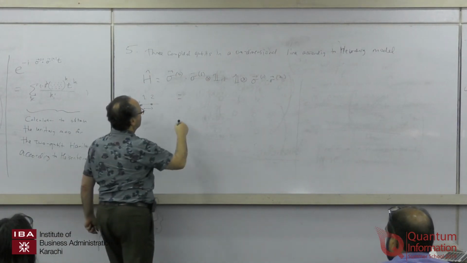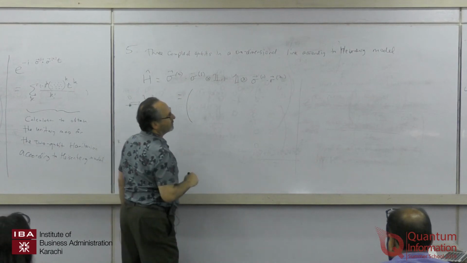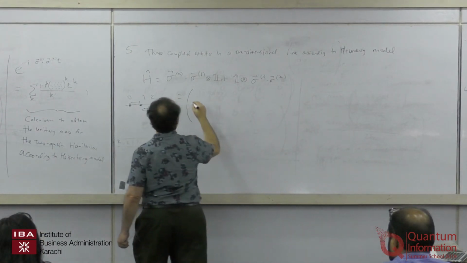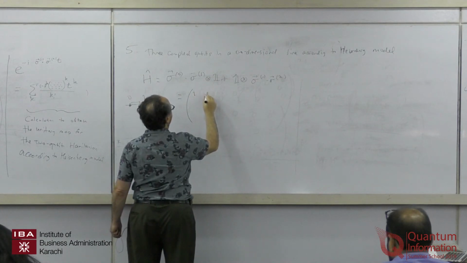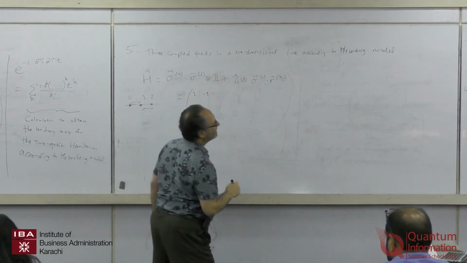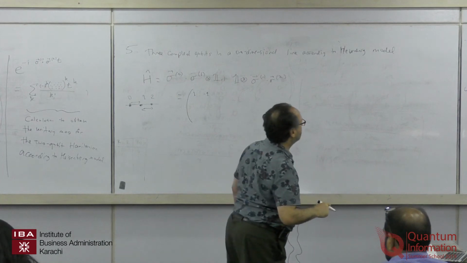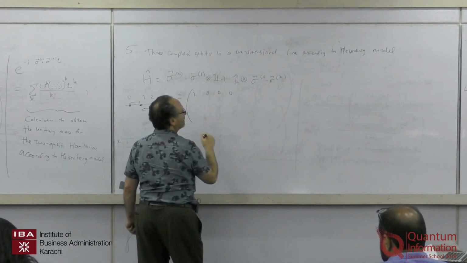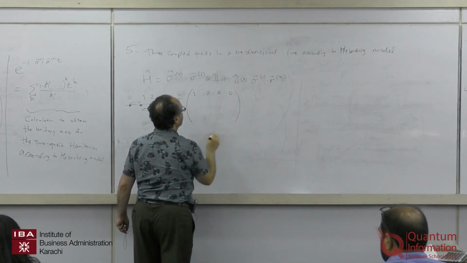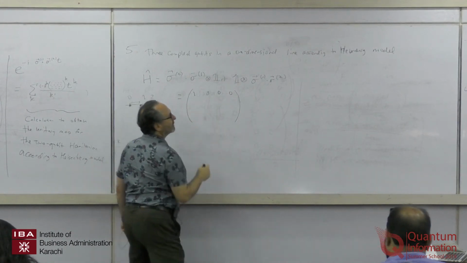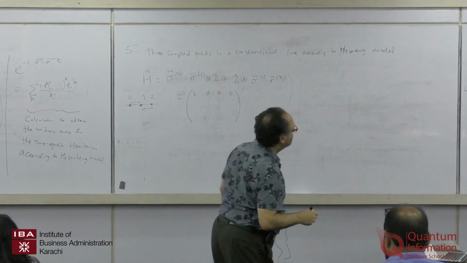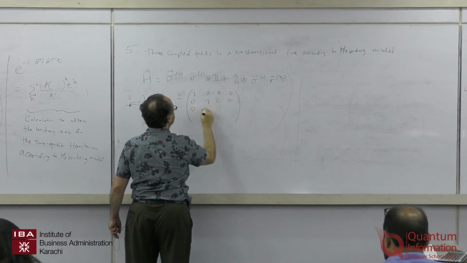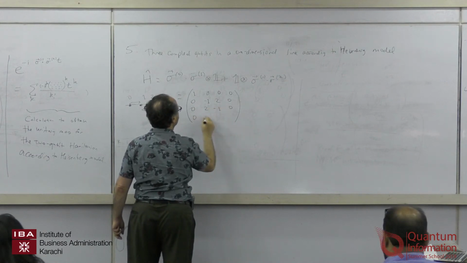In this case, we write the matrix, which we have here: 1, minus 1, 1, 0, 0, 0, then 0, minus 1, 2, 0, and 0, 2, minus 1, 0.